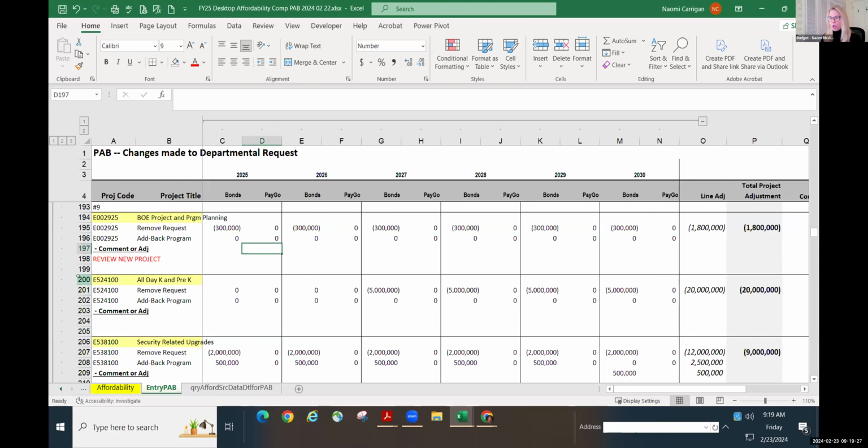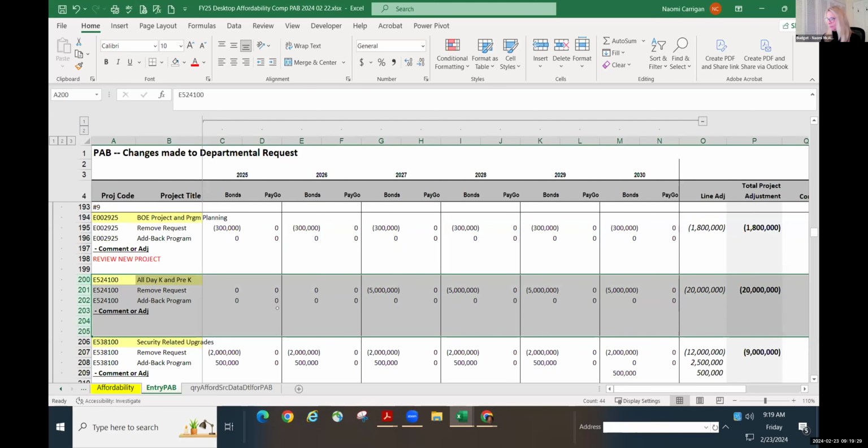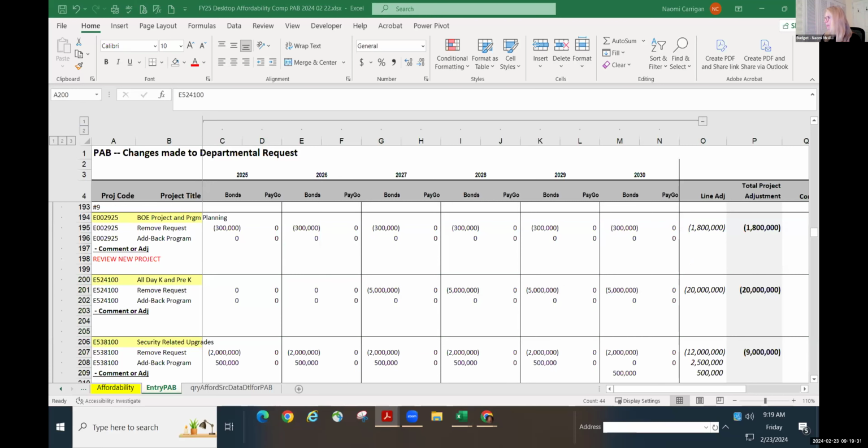The next one is all day K and pre-K. This was a capital project that was supposed to come to a conclusion. Based on the need for pre-kindergarten in buildings and facilities, they've asked to put this back online again, starting in fiscal year 27. They're looking for $5 million a year.